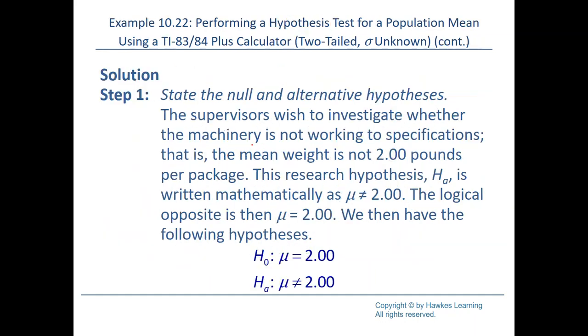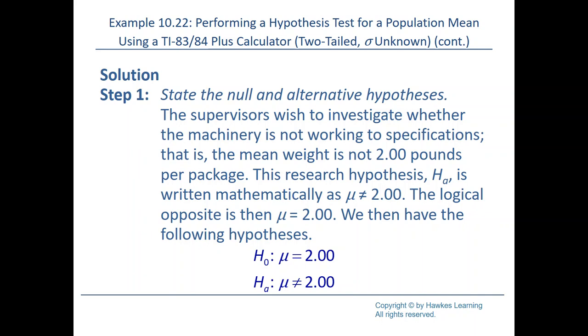Okay, so again, the first thing I'm going to do is state my null and alternative hypotheses. In our case here, the supervisor wishes to investigate. So again, what do you want to know? What is being claimed? What is somebody believing or thinking? This is where I'm gearing into finding that hypothesis. The supervisor wishes to investigate whether the machinery is not working, and they say that the mean weight is not 2 pounds.